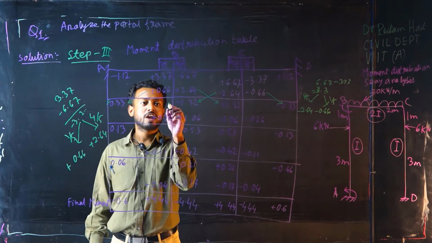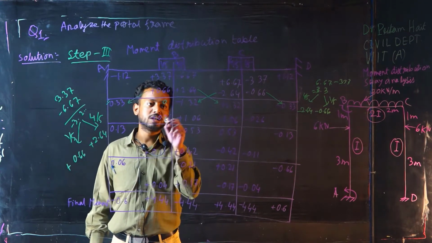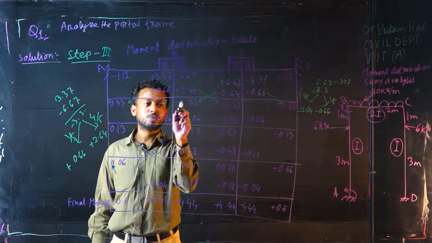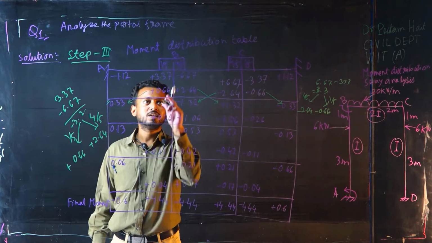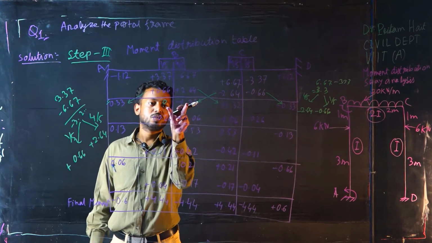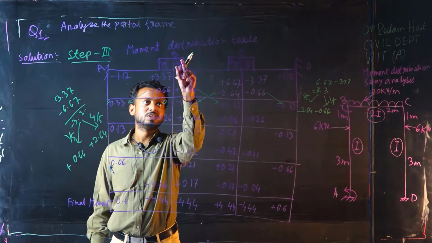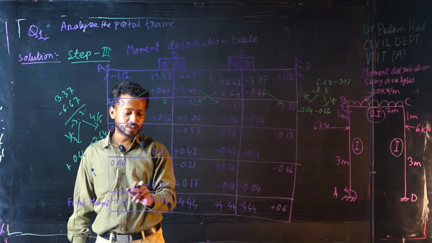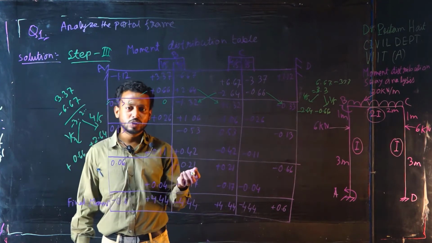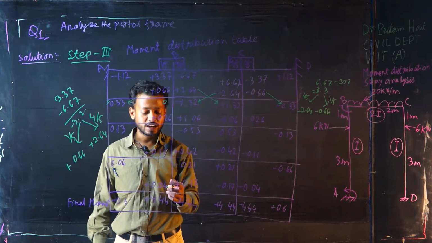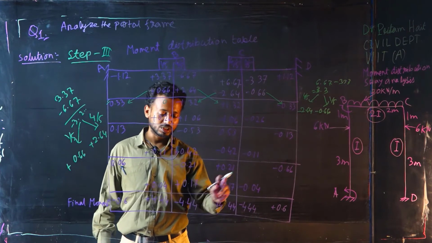So in this line we have at this point 0 moment, here minus 1.32. So again you add these two moments, whatever you will get, multiply with this factor, write it here with opposite sign. In this way, once you are getting below 0.05, 0.04, 0.01 like that, you stop the iteration process.